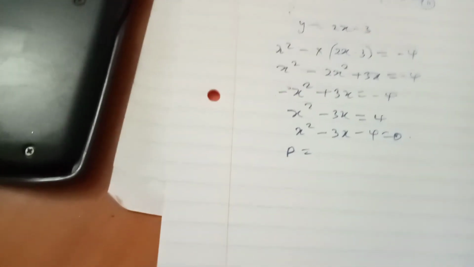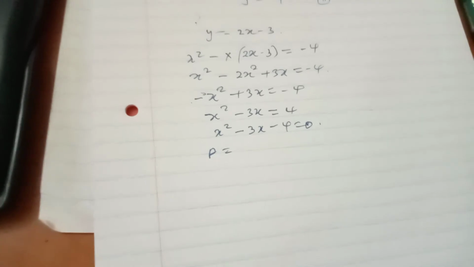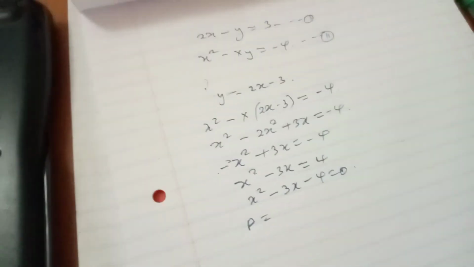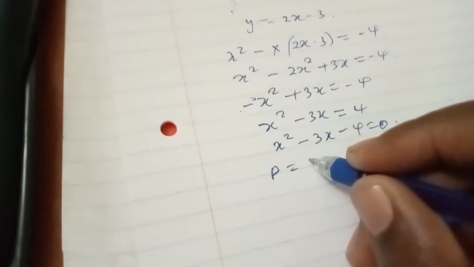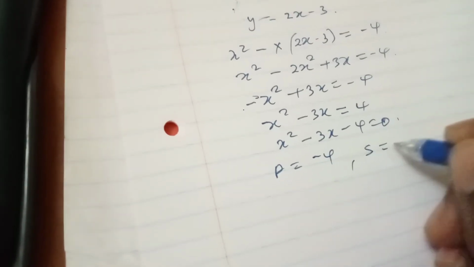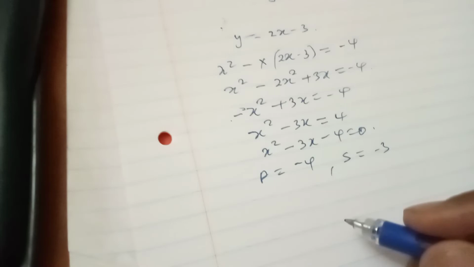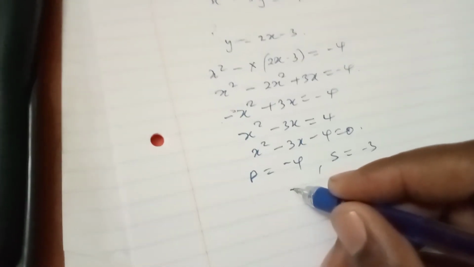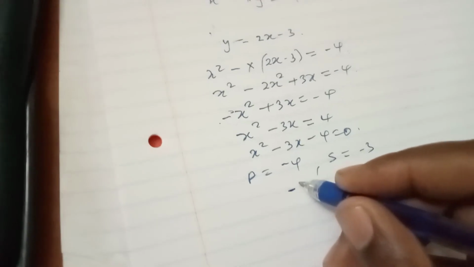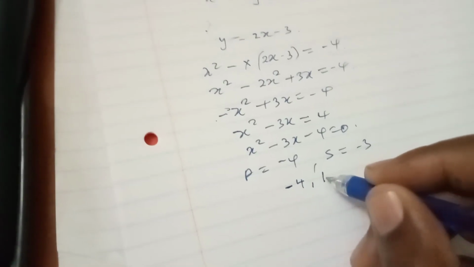So those numbers are, let's see, product is negative 4, sum is minus 3. So the two numbers are minus 4 and 1, right?